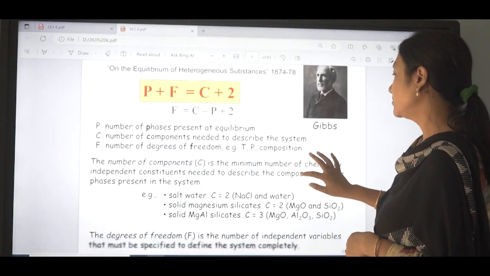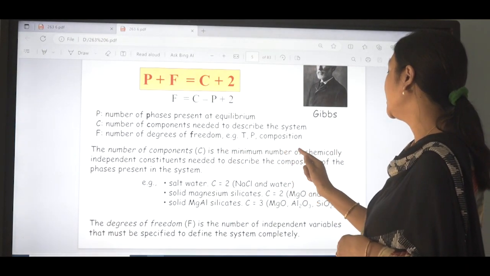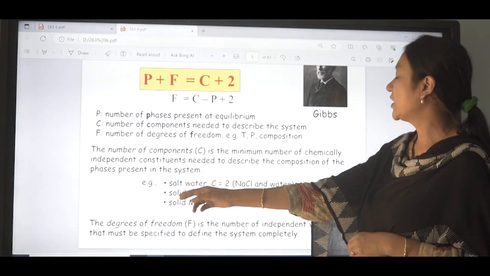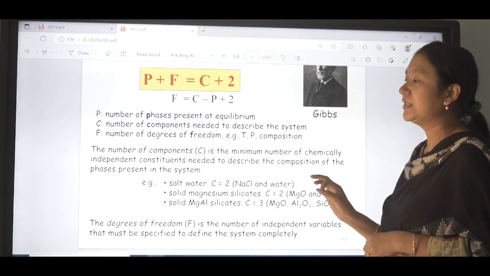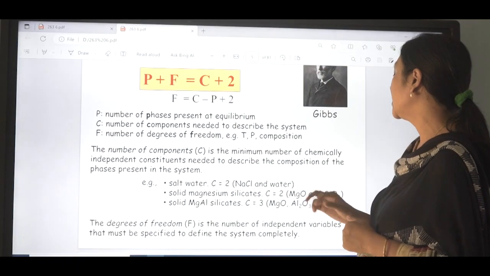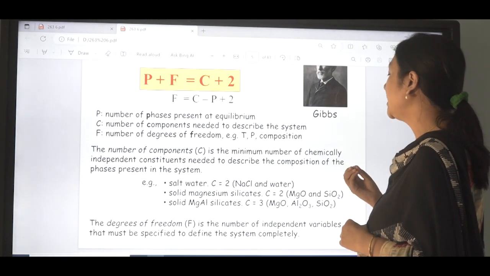Now, the number of components is the minimum number of chemically independent constituents needed to describe the composition. So salt water has 2 components because it is a combination of NaCl and water. Solid magnesium silicate has 2 components because it is a combination of magnesium oxide and silicon dioxide.